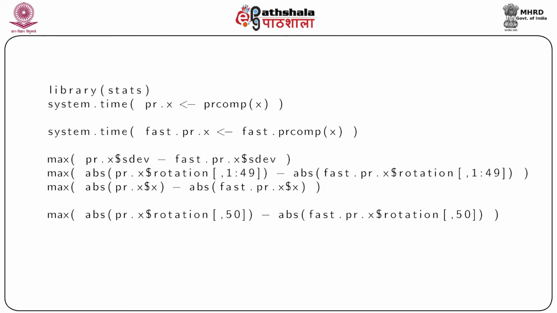Using the stats library, we can use system.time, and then pr.x is defined as prcomp, and the system time of fast.pr.x equals fast.prcomp. So using these functions, we can easily use modified versions which are efficient for matrices that are very wide, and the standard prcomp and svd functions are compared against fast.prcomp.